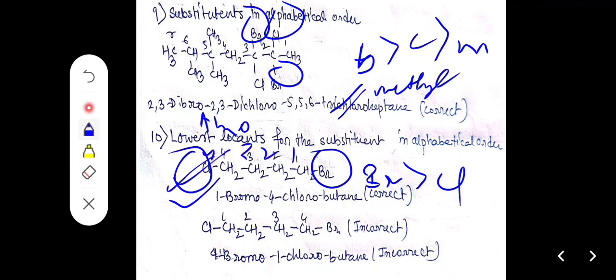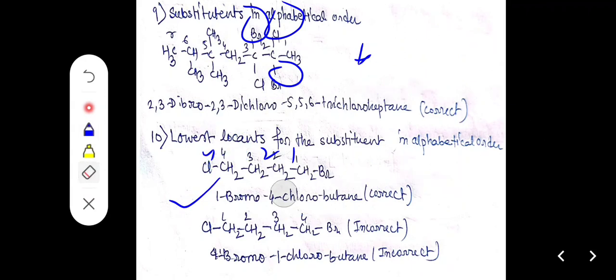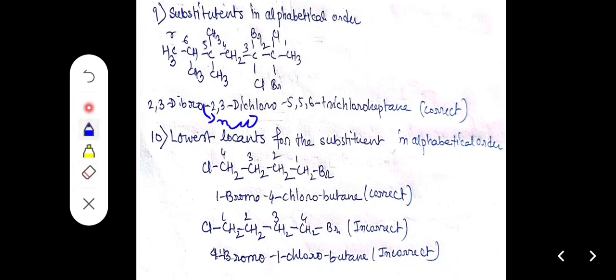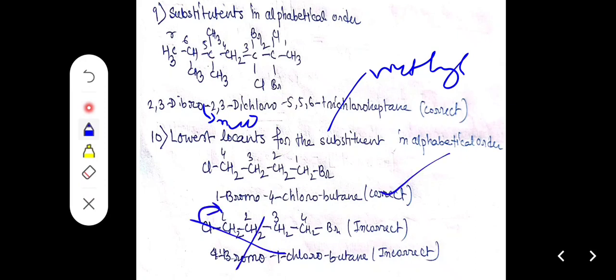Okay, this is the correct orientation, but this is wrong because we start numbering from this side. This is not correct because Br is preferred over Cl.